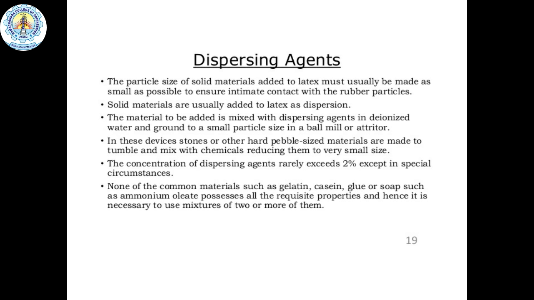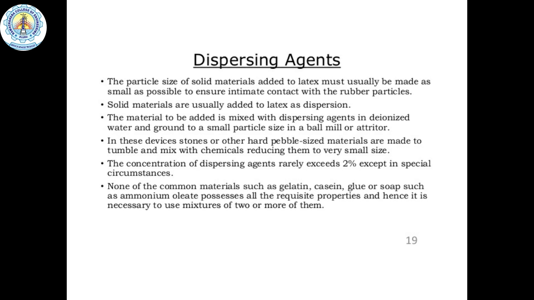Coming to the dispersing agents. The particle size of the solid material added to latex must usually be made as small as possible to ensure intimate contact between the rubber particles. Solid materials are usually added to the latex as a dispersion. The material to be added is mixed with dispersing agents in deionized water and ground to a small particle size in a ball mill.